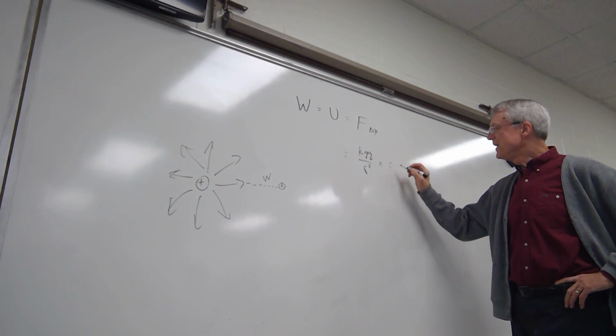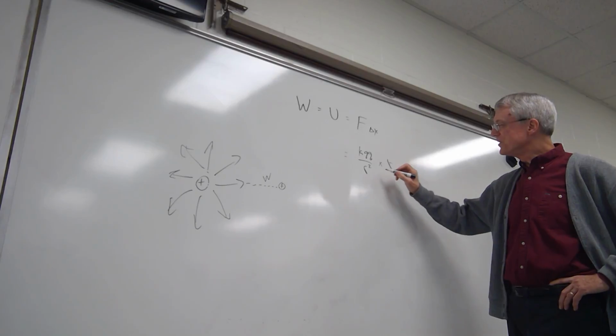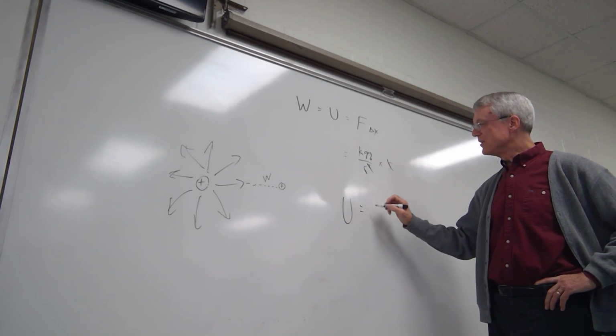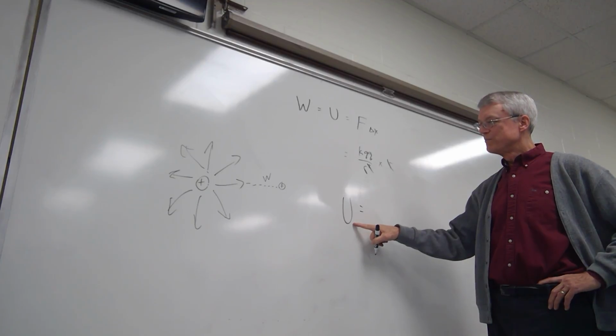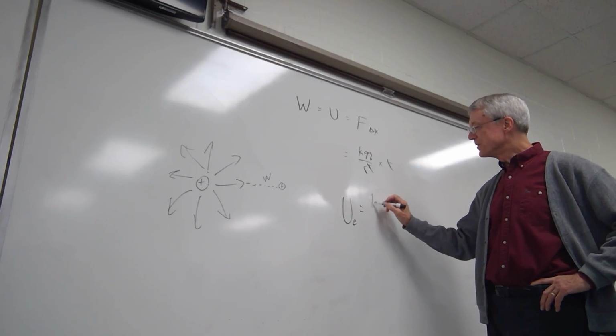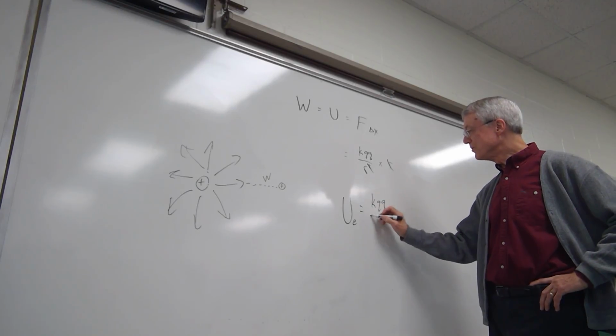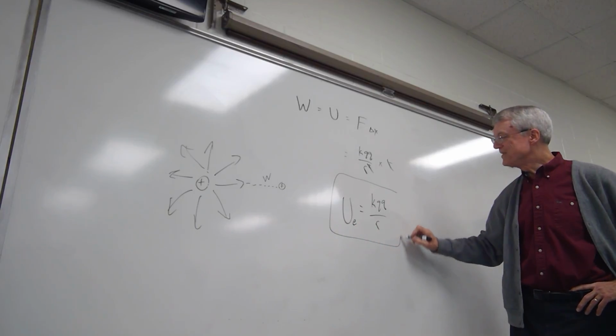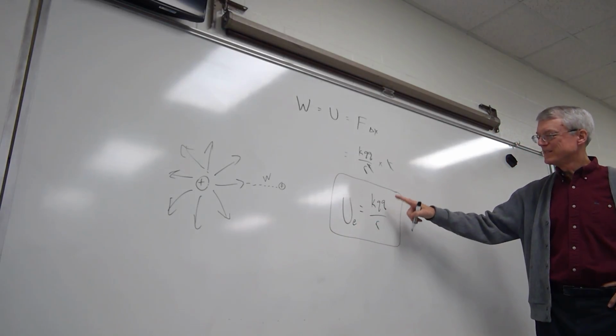And so from that you can see one of the r's would cancel there, and you come up with this equation that U, potential energy due to an electric field, is equal to kQq over r. So there is another potential energy equation.